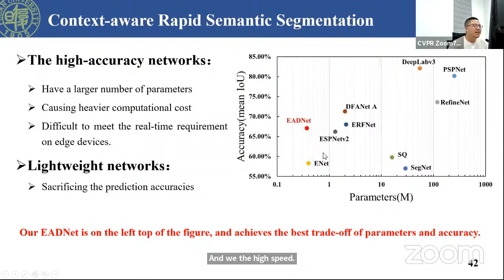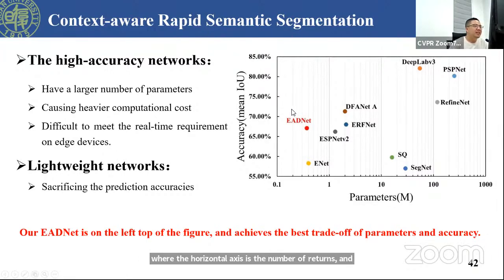So this is a summarization of existing lighter weight neural networks, and we can see those networks are mainly located in this area of the figure, where the horizontal axis is the number of parameters, and the vertical axis is the accuracy.